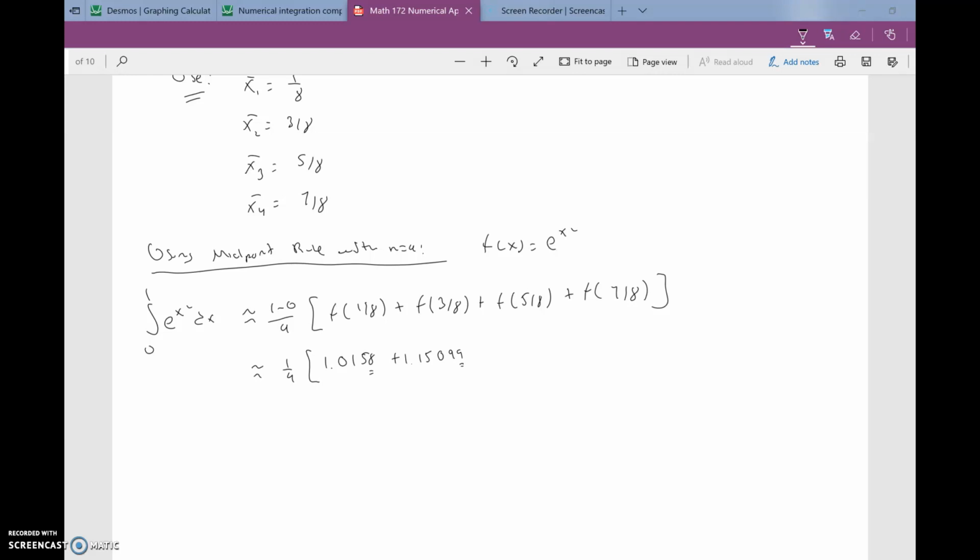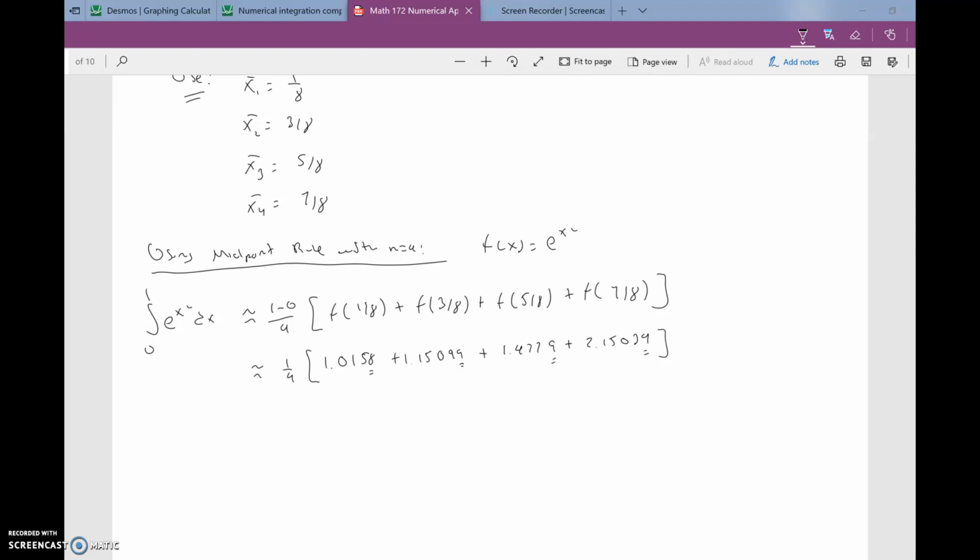And then plus the next one will be the 5/8. So 1.4779 plus 7/8, which is, and I'm also rounding to a 4, so 2.15034.